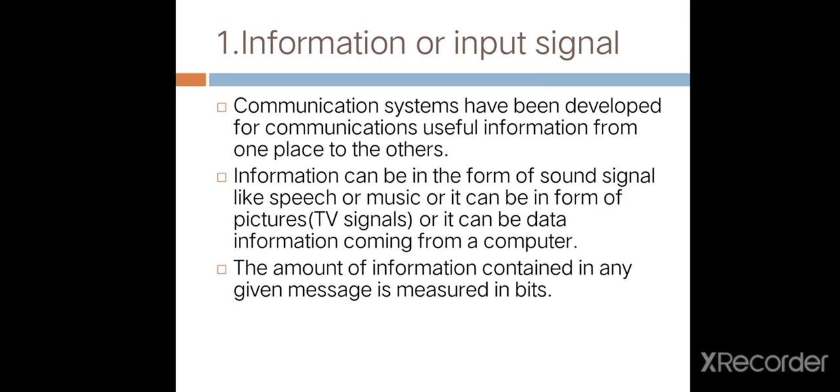That means a communication system is used to transfer information from one place to another place. The information can be in the form of a sound signal like speech or music, or it can be in the form of a picture, that means a TV signal, or it can be data information coming from a computer. The amount of information contained in any given message is measured in bits.